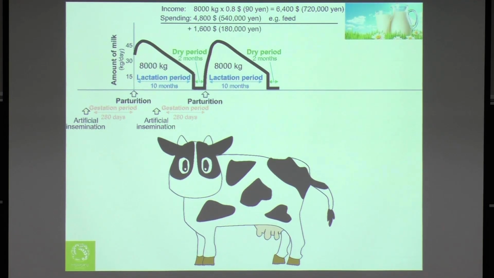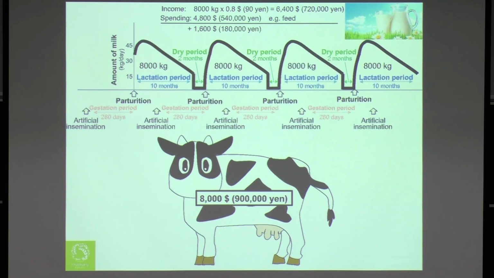Another thing you have to consider is that getting a new pregnant dairy cow is very expensive. You have to pay a lot. That's why most dairy farmers want to repeat the lactation period several times, like 5, 6, 7. But the point here is that the average number of lactation periods in Japan is not so high.